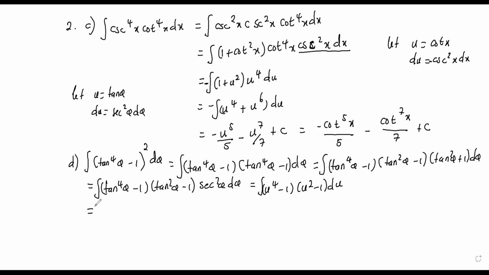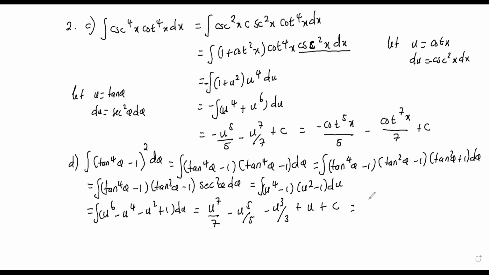Then do the expansion. So it will be u6 minus u4 minus u squared plus 1 du. So we integrate to have u7 over 7, and then we have u5 over 5, then we have u3 over 3 plus u plus c. What was u? U is tan.